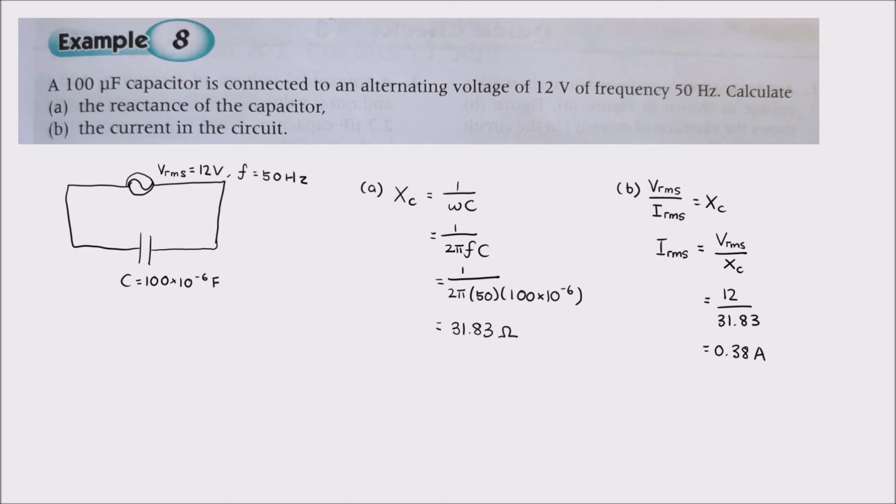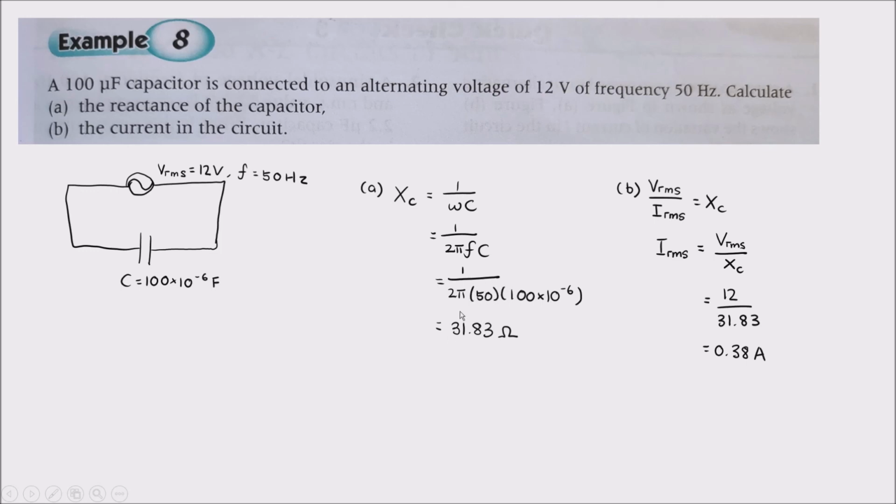Let me try to explain this again. If one day you have not a 50 hertz alternating voltage, but let's say a 100 hertz alternating voltage, then you need to sub in 100 over here.